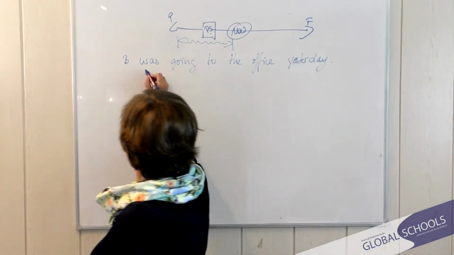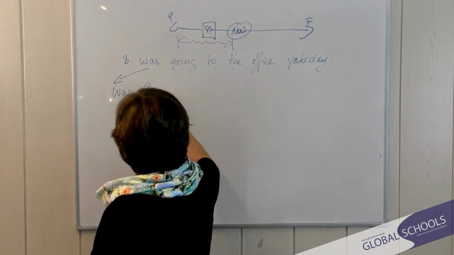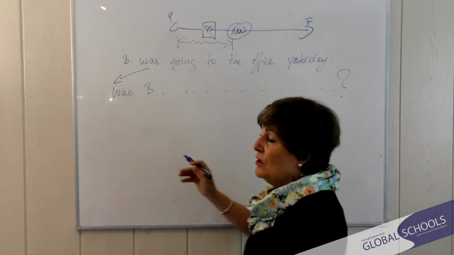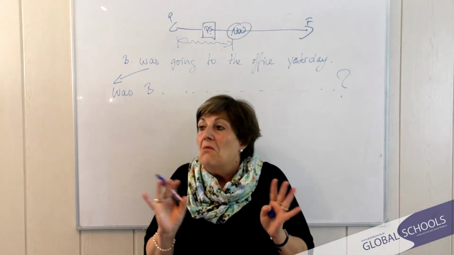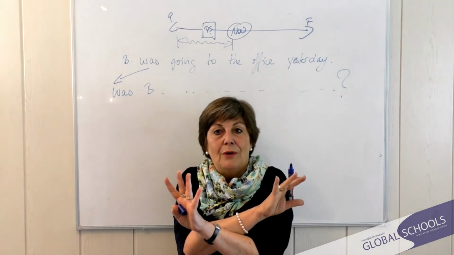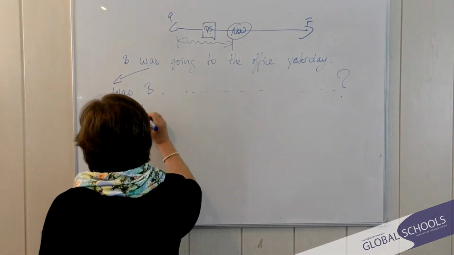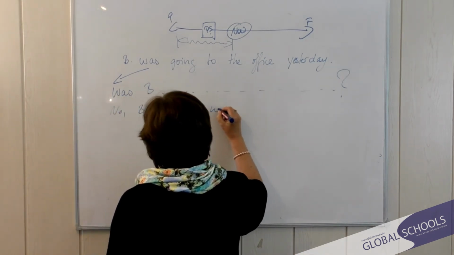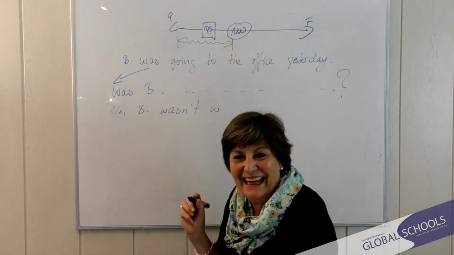The question's super easy. Was Barbara going to the office yesterday? So you see, you just go crisscross. Barbara was walking. And for the question, was Barbara walking? And negative? No, Barbara wasn't going.